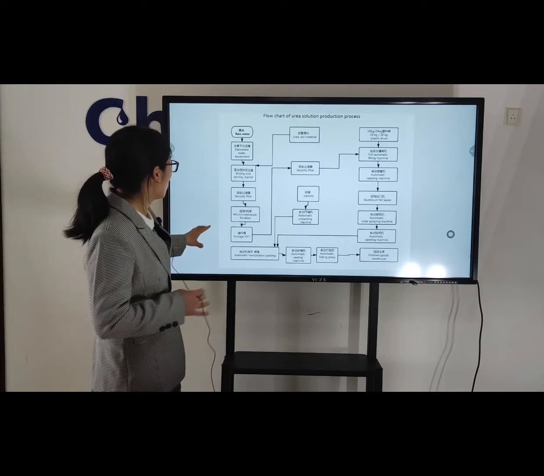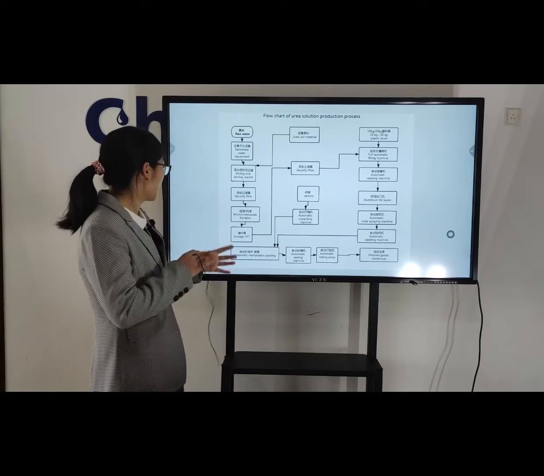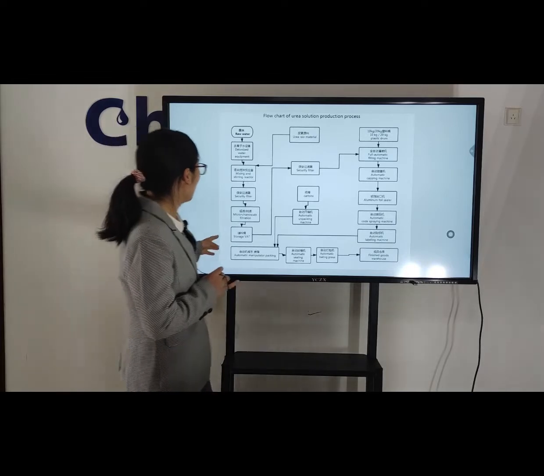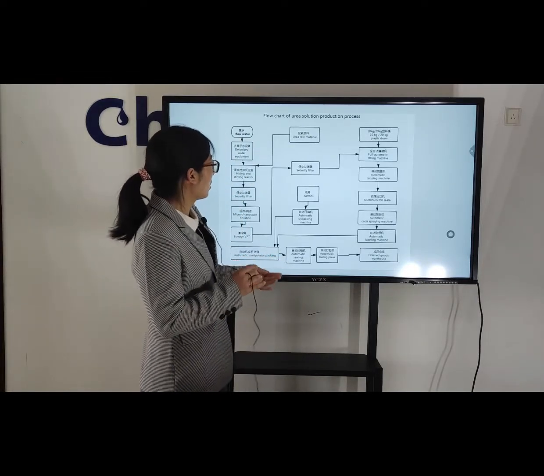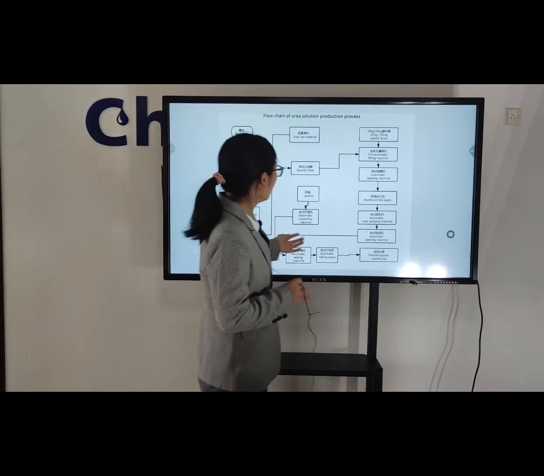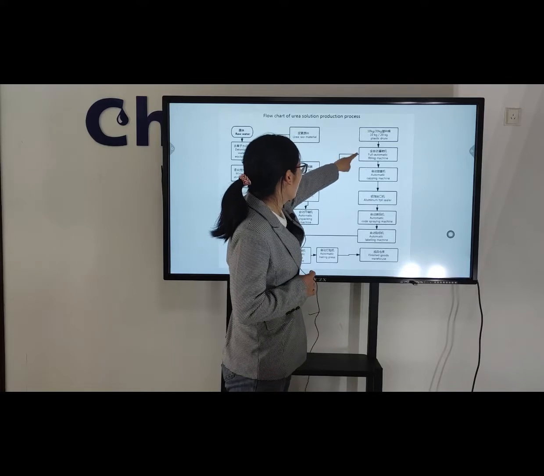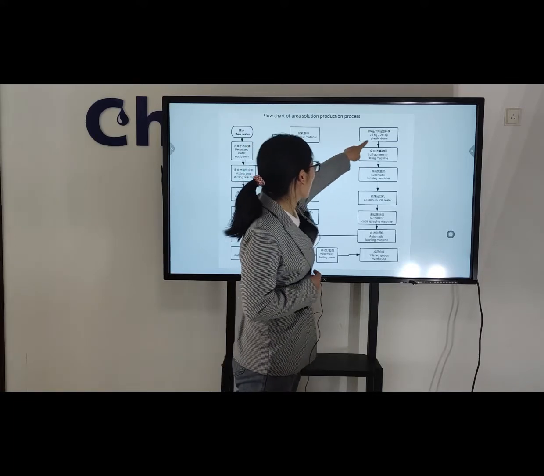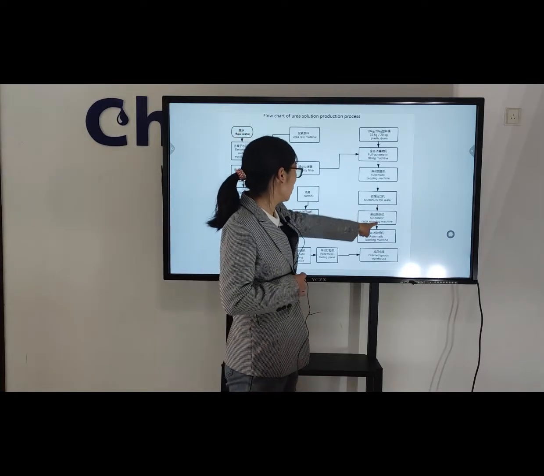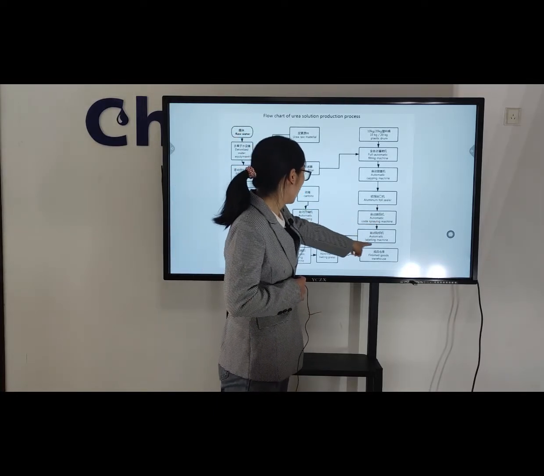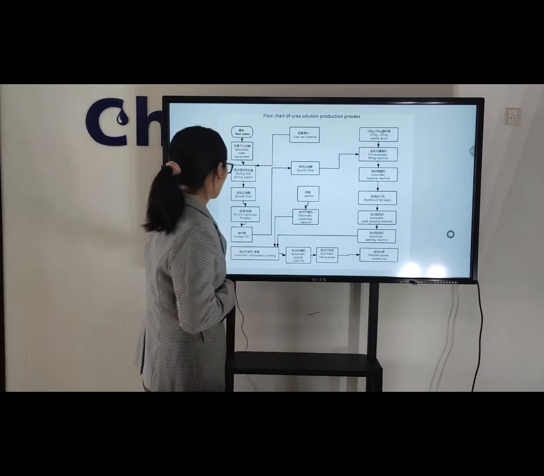After that, we mix the deionized water with the urea, blending them, and we also need to get the mixed solution purified. And finally, we get the finished product packed in the packaging line into different packages and printed with your own logo and company information. That is the whole procedure.